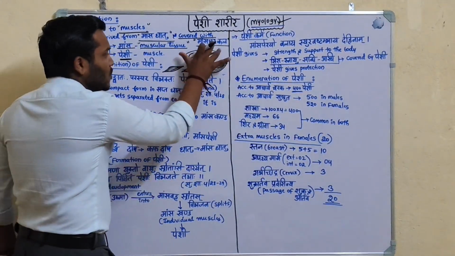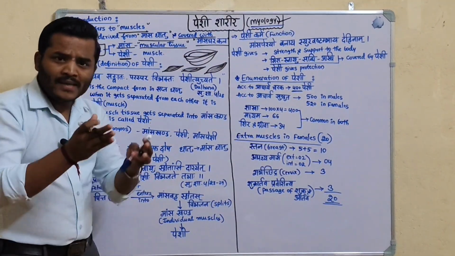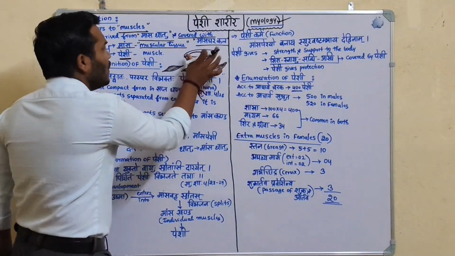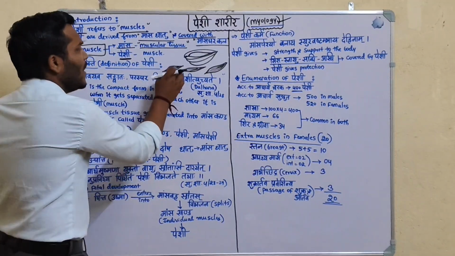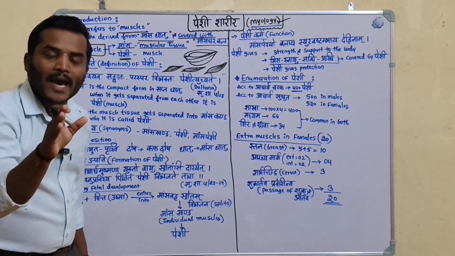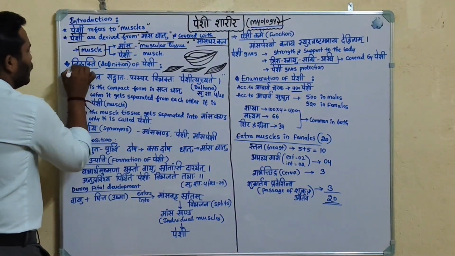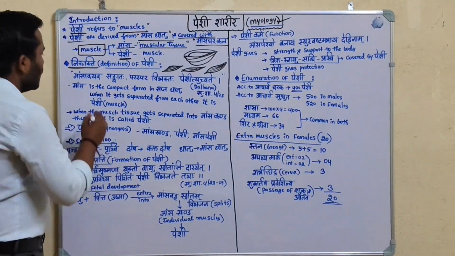This is muscular tissue. Muscular tissue means mamsa. When we split the muscular tissue, the individual muscles are called peshi. Now we discuss the nirukti, the definition of peshi.